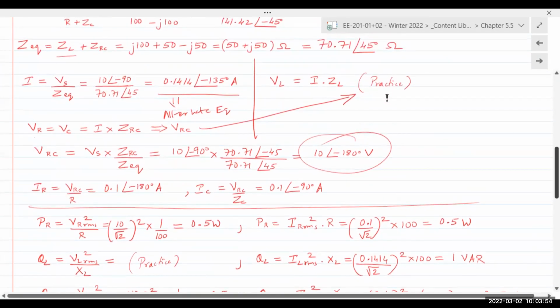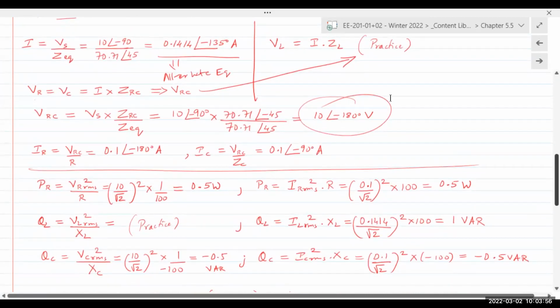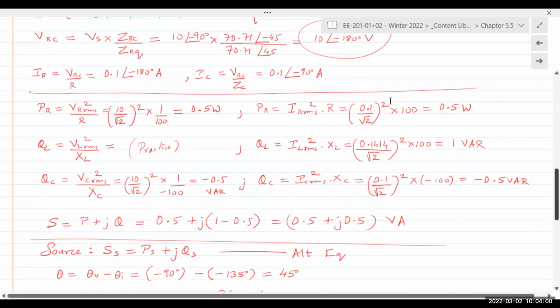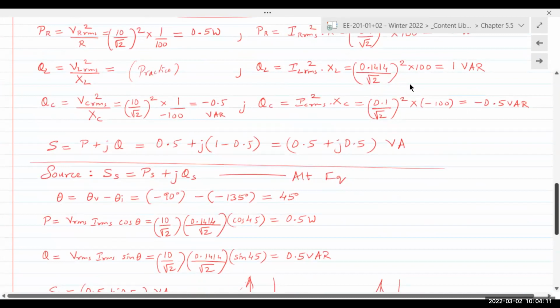Impedance Z is R plus jX. So X is the reactance, simply omega L and 1 over omega C. It doesn't have the angle. There's no phase information in here. It's simply talking about the magnitude.